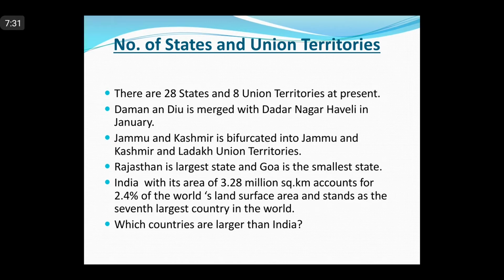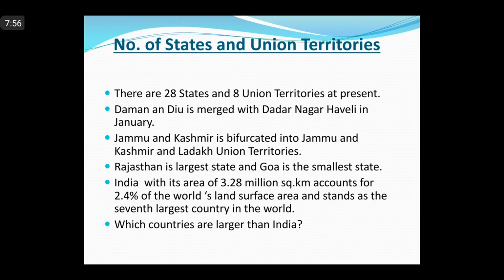This makes India the 7th largest country of the world. I have already discussed with you the 6 countries larger than India: Russia, China, Canada, Brazil, Australia, and the USA.